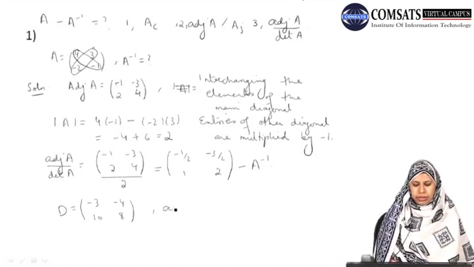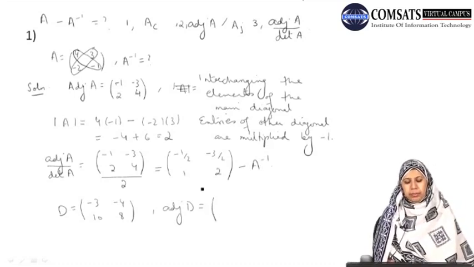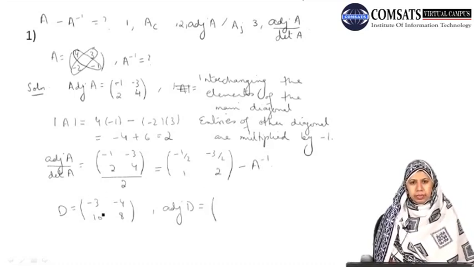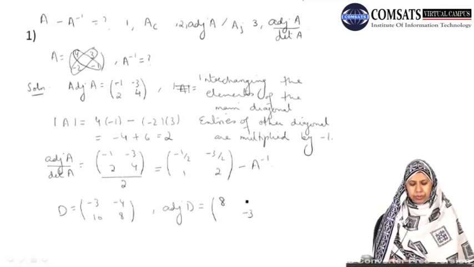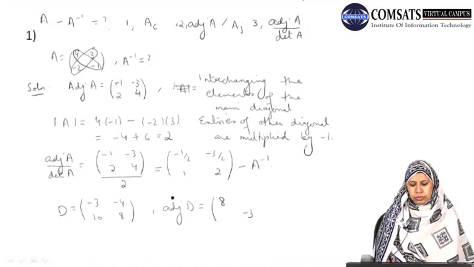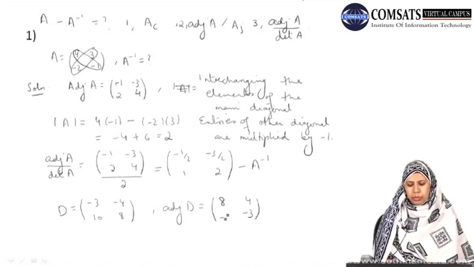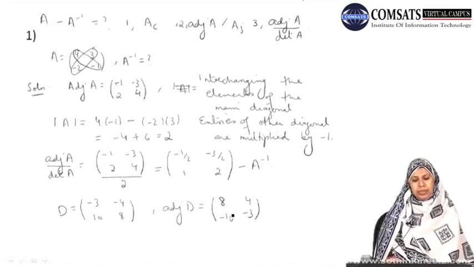Then the adjoint of this matrix D will be obtained by interchanging the entries of the main diagonal, that is the A22 entry will now be A11, and the A11 entry will be A22, and by multiplying the entries of the other diagonal by -1. So here we obtained 4 and here we obtained -10.